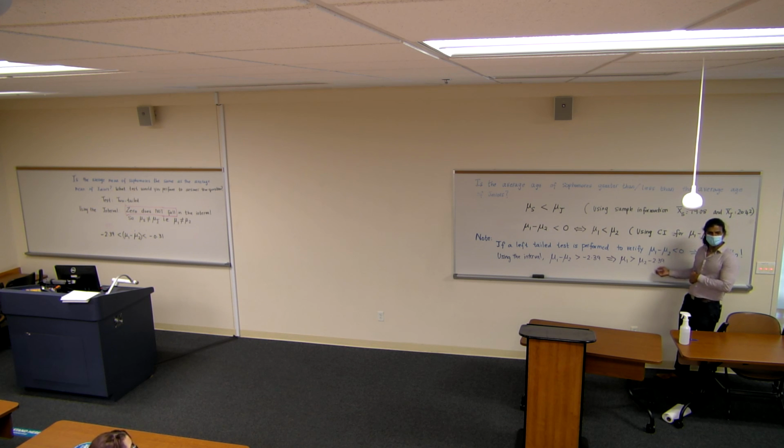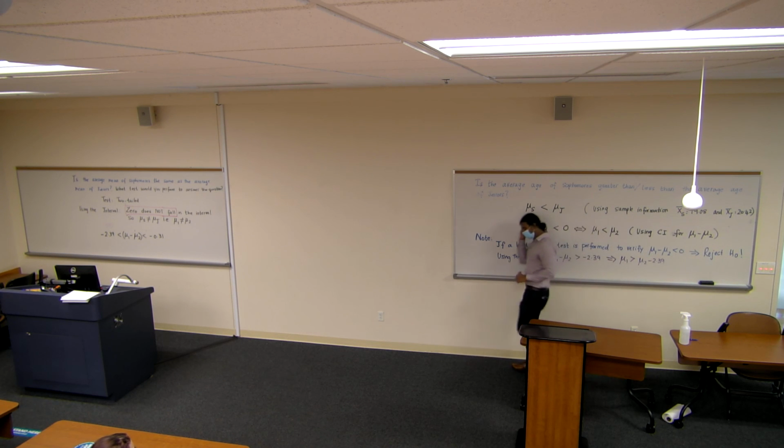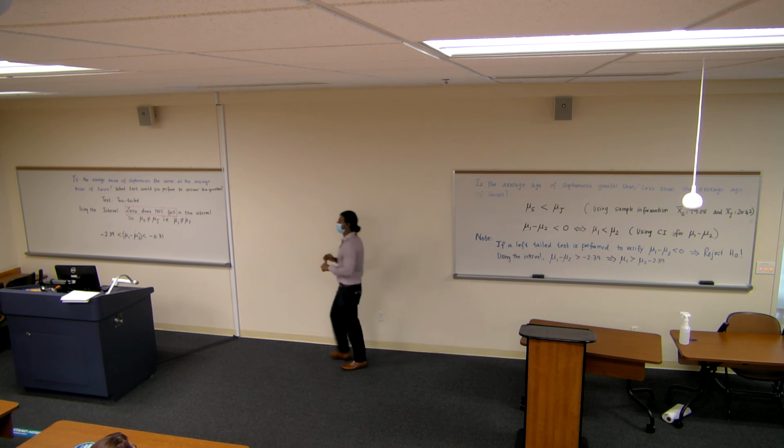Does that make sense? So if mu2 is 20 years, then mu1 would be less than 20 by 2.39 years. So it's about 18. If mu2 is 22 years, you subtract 2.39, so that would be about 19.61. Does that make sense? So the interval is used for more numerical quantification.